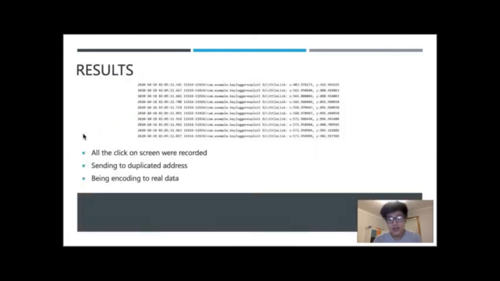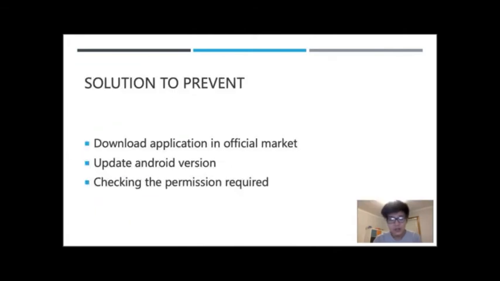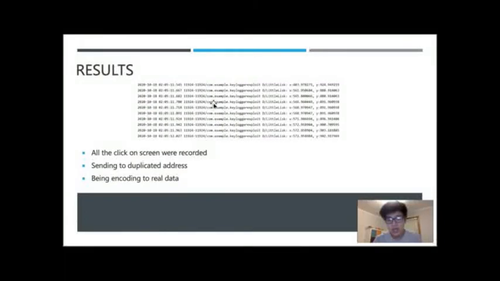As a result, it's going to collect some data, like the location where the user taps on the screen, and it's going to be recorded and sent to the dedicated address on the internet.